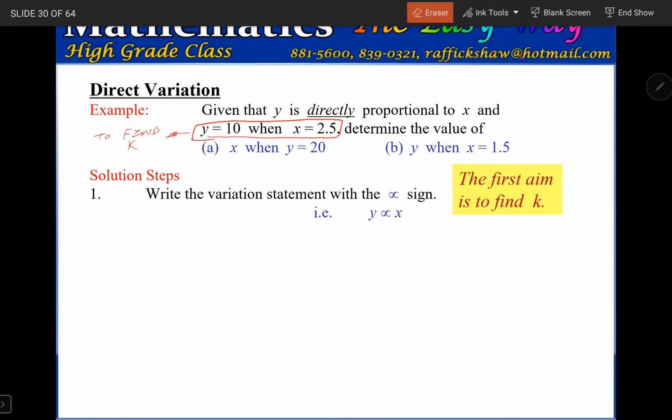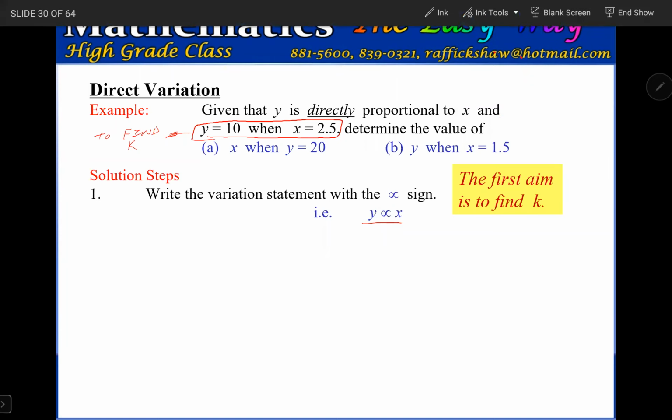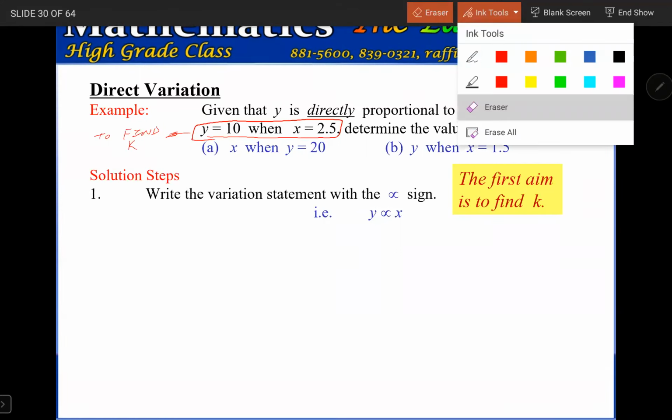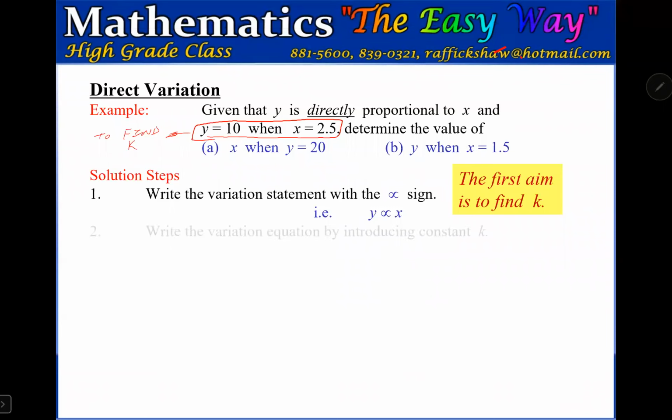All right? And then now, sometimes you actually don't need to write that, right? You can go straight and just write the mathematical formula for the variation, which then becomes that.